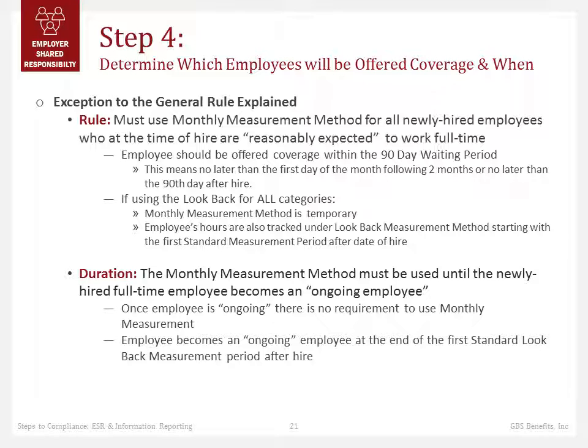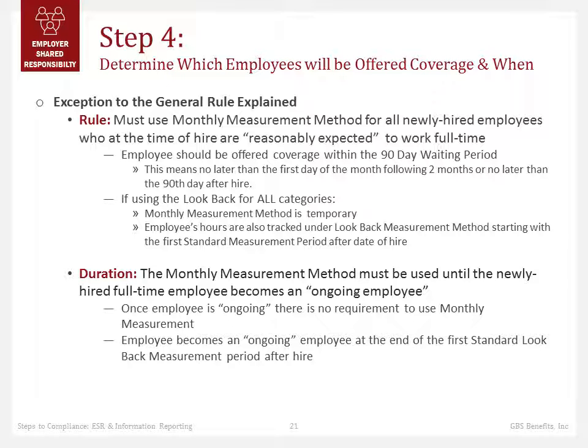We'll go into more detail when we get into the actual technical rules of the look-back, but here's the sort of teaser. The monthly measurement method must be used until the newly hired full-time employee becomes an ongoing employee. Once an employee is an ongoing employee, there is no requirement anymore to use that temporary monthly measurement method. You're going to drop that off and only use that standard look-back measurement method.